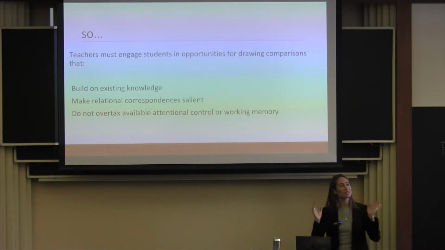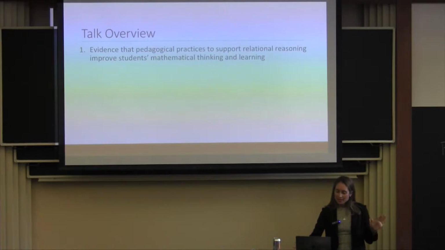So we want to see if there's a way to provide support so that you're not overtaxing these working memory resources, and by helping to draw attention to what is particularly important in making these comparisons, we might place less taxing on inhibitory control, on what's irrelevant and what's relevant.